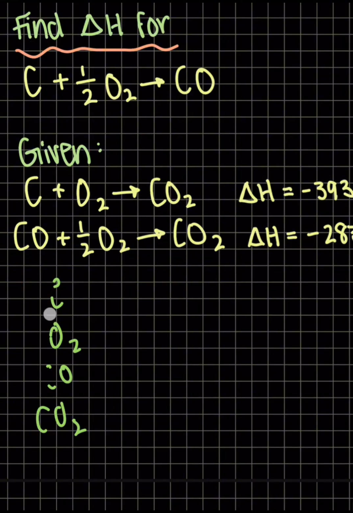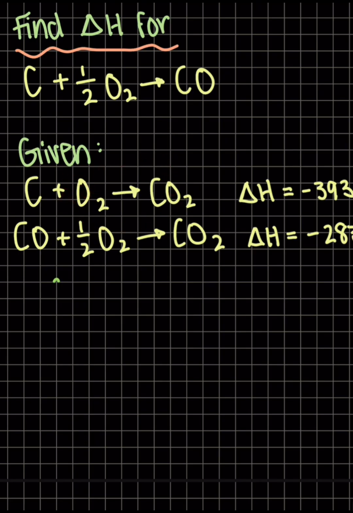Well, how do you cancel, you ask? It's very easy. All you have to do is flip at least one of the equations in order to cancel them out. Meaning that if I flip one of these equations, I can just flip the reactants to one side and the products to the other side.